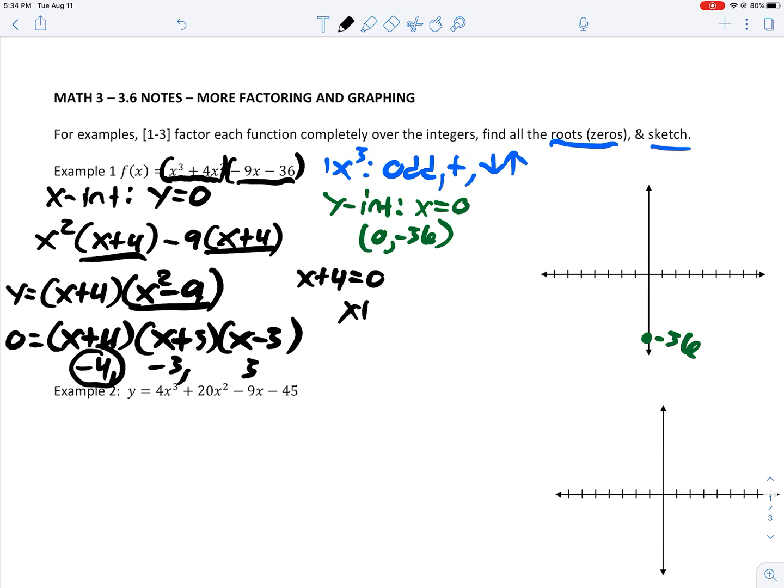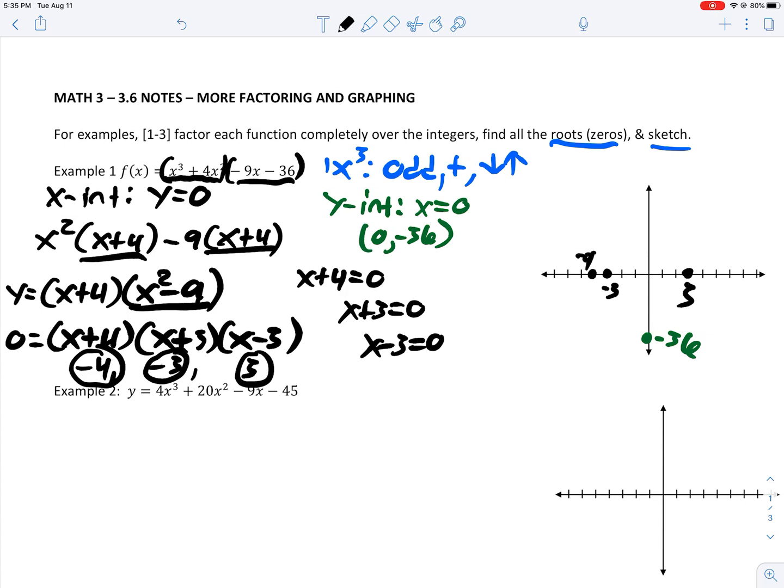If I set x plus 3 equal to 0, I get negative 3. If I set x minus 3 equal to 0, I get positive 3. So those are my 3 x-intercepts: negative 4, negative 3, and positive 3.